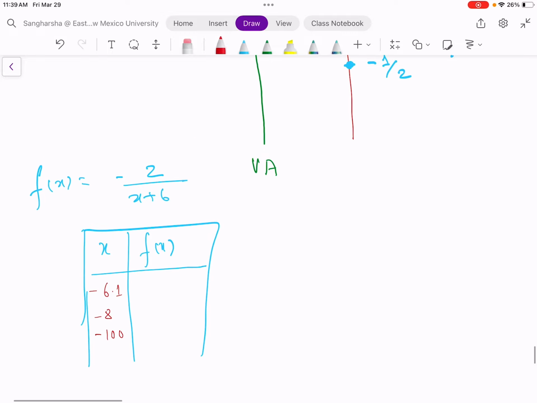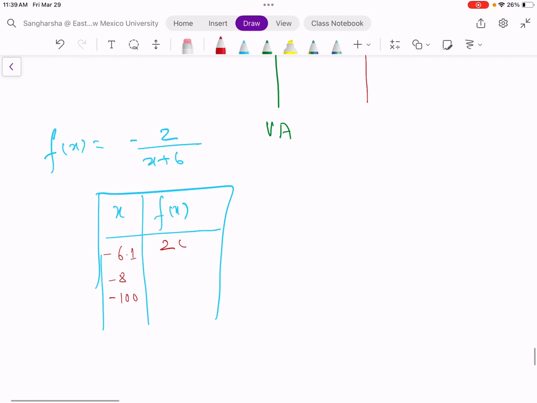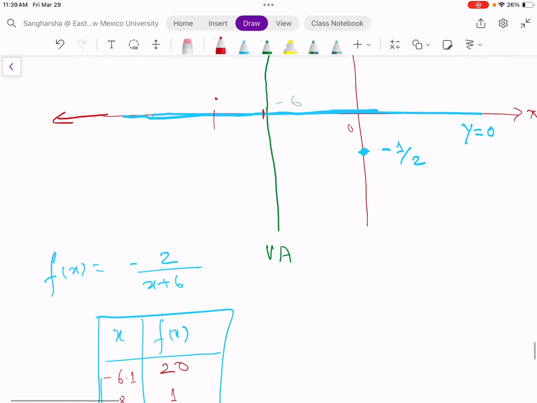Okay, we had a 20 here, I forgot to write it down, and we had a 1 here. Can you just divide -2 by -94? 0.021. Okay, that should be enough. So let's say this is -100 and it's somewhere here.